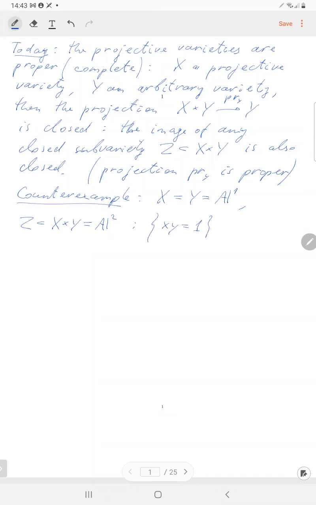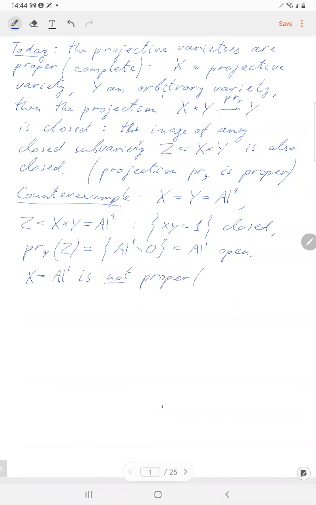So it's a hyperbola. Then certainly it's closed, but the image under projection to Y of Z is the set of all non-zero numbers. So it's not closed. In fact, it's open. So you see that in this terminology, X equals A1 is not proper or complete.